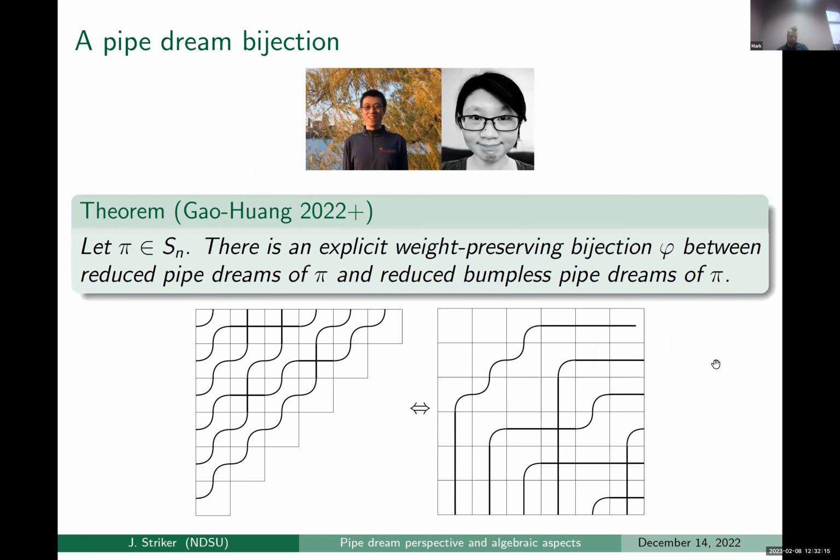All right, so the new tool was this bijection of Gao and Wang between pipe dreams and bumpless pipe dreams. I met Daoji in an ISERM seminar in the pandemic. I wasn't going to go to ISEM for this conference, but then I saw that there was some stuff related to bumpless pipe dreams.